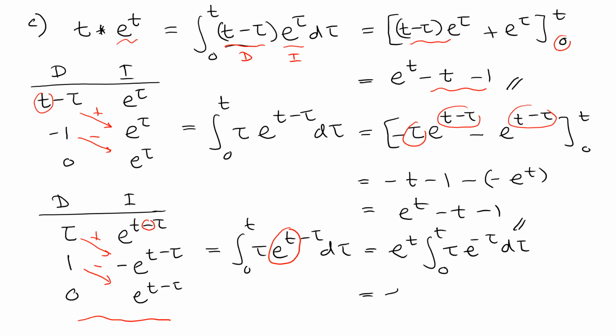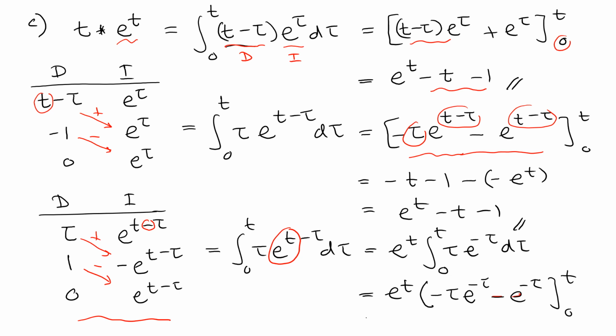So it's going to be e to the t, which is a factor, and then the rest is going to be negative tau e to the negative tau. You can just get the answer from the top, because you just cut down the e to the t term, and then you get minus e to the minus tau, and again this can be evaluated at t and 0.